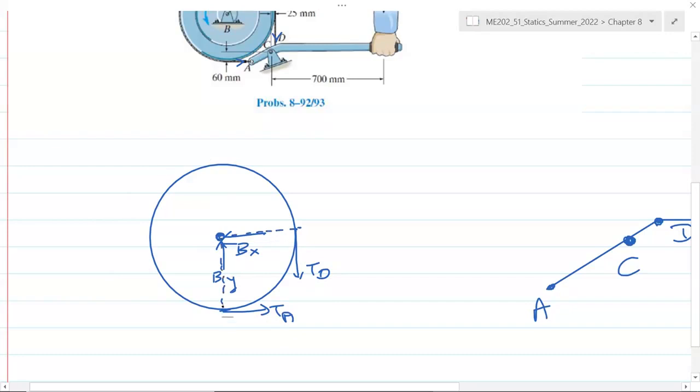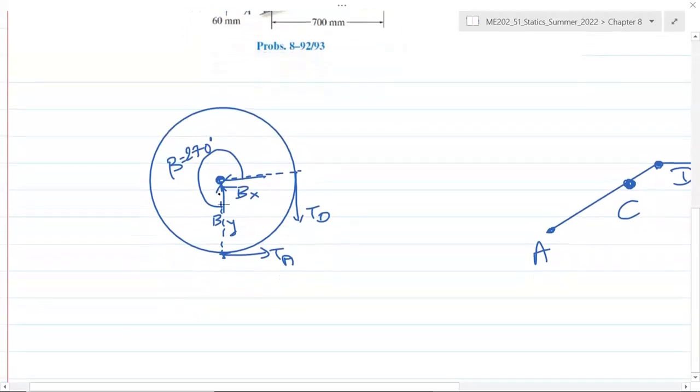The belt is in contact with the wheel for this angle, all the way from here to here, and that's beta, which is 270 degrees. We will convert this into radians before we substitute that into the equation.